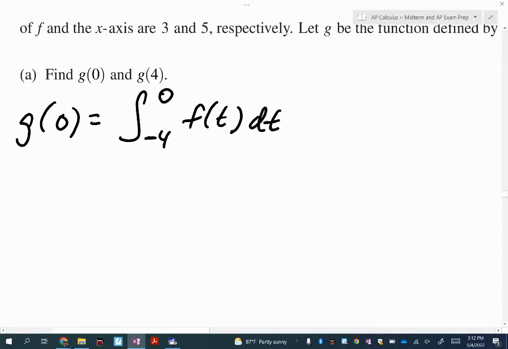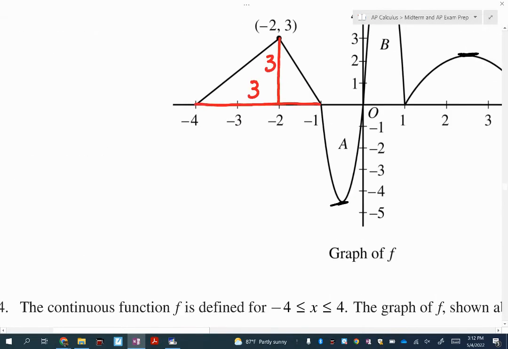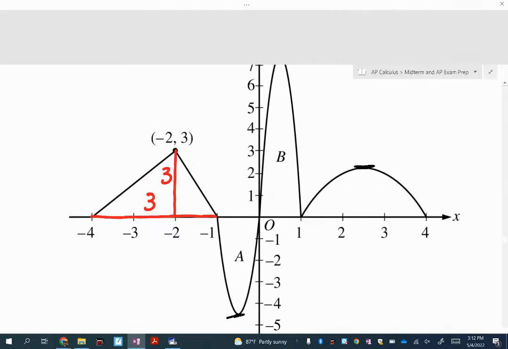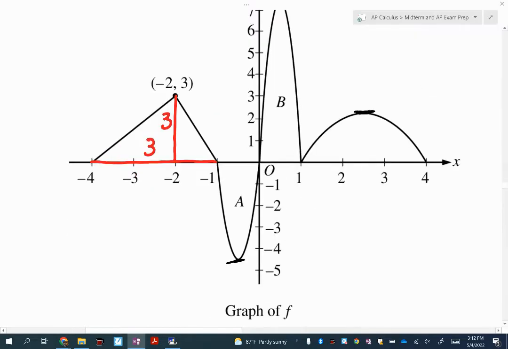All right. Now, that obviously is not the full answer because did I get to 0? No, that's only -4 to -1. So I also have to include this area from -1 to 0. And what do you notice about that area? It's negative.